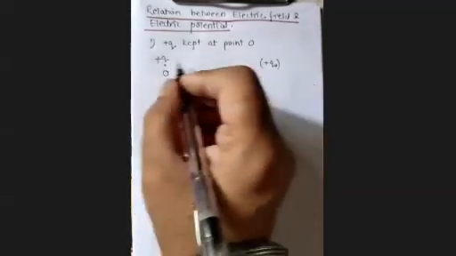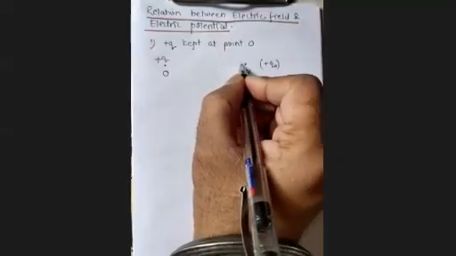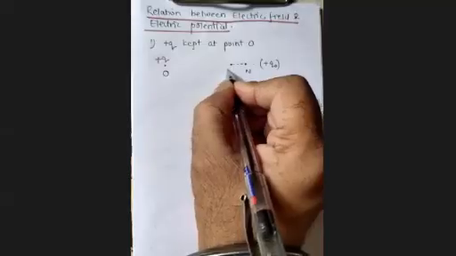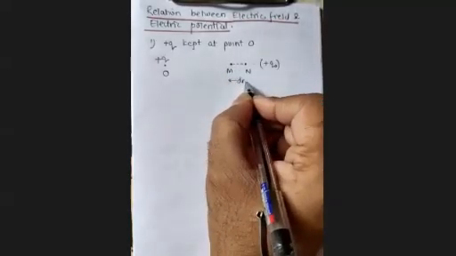Suppose here from point N to M a displacement has occurred, and the displacement is a short displacement dr.